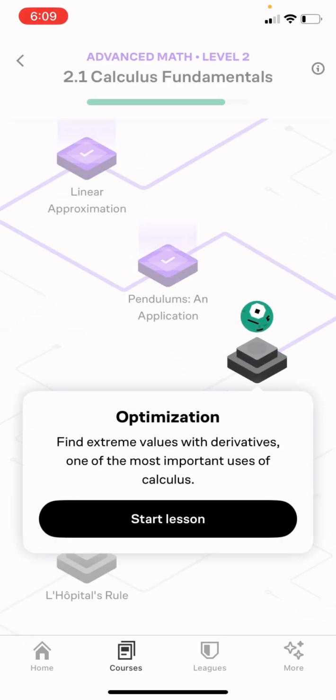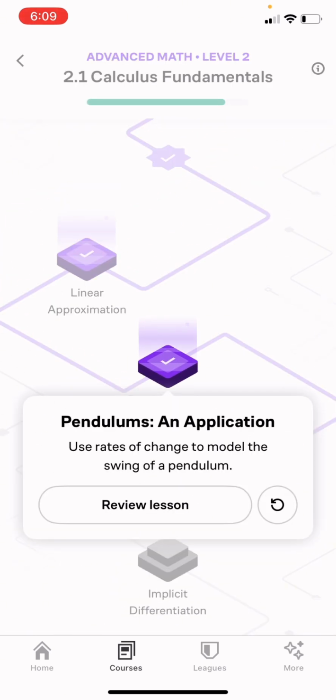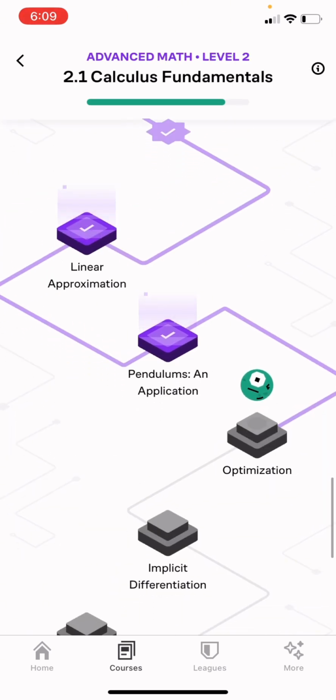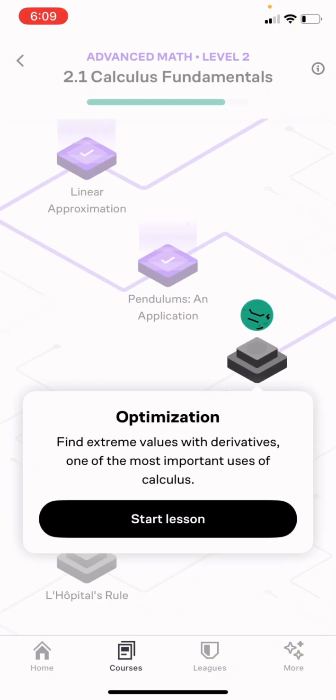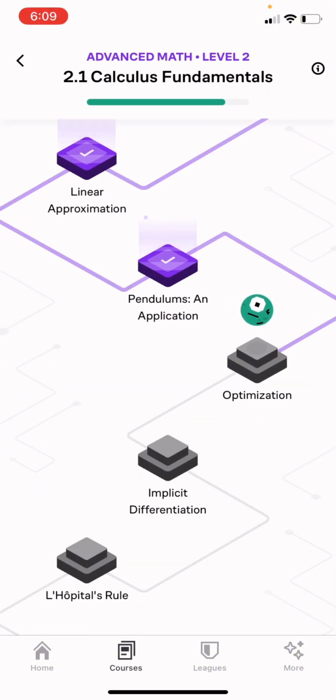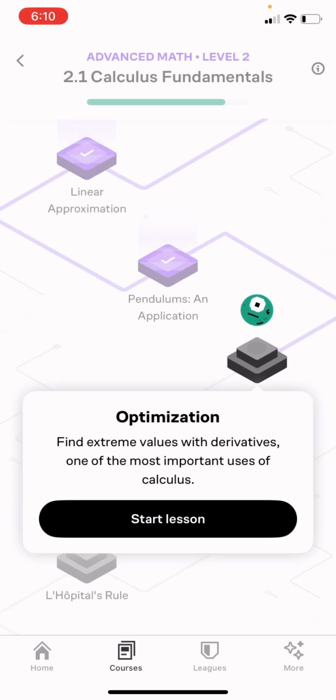So the first thing, this one was with physics, I believe. And now we're getting back into math. So we're kind of the same, but physics involves a lot of different things too. Okay, optimization. Find extreme values with derivatives, one of the most important uses of calculus.